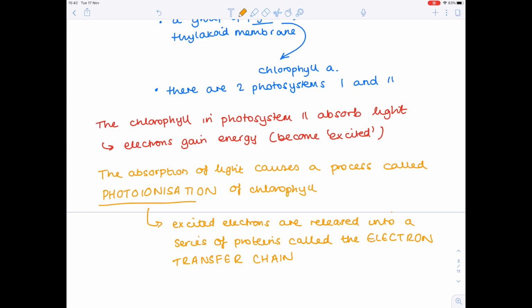And as you'd expect, the electrons pass along the electron transfer chain, losing energy all the time, which is actually transferred to the proteins of the electron transfer chain.